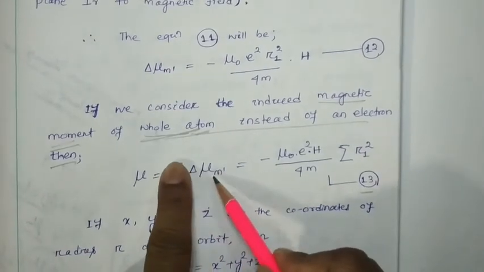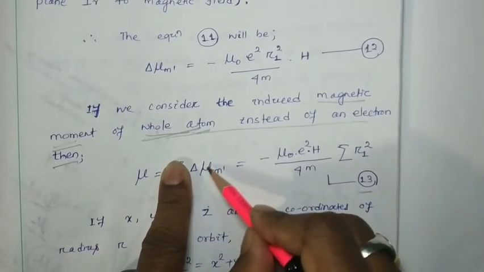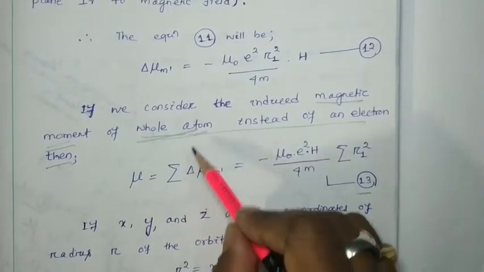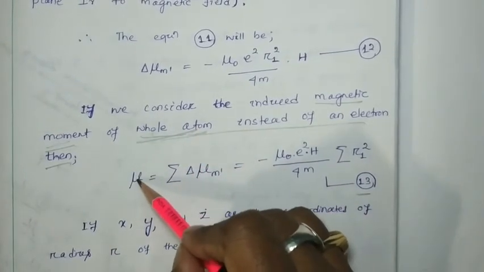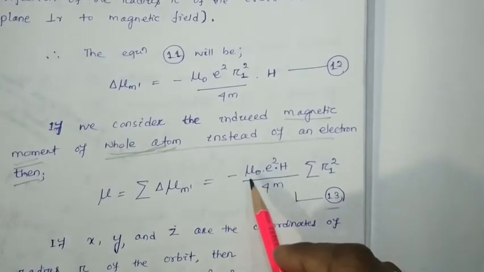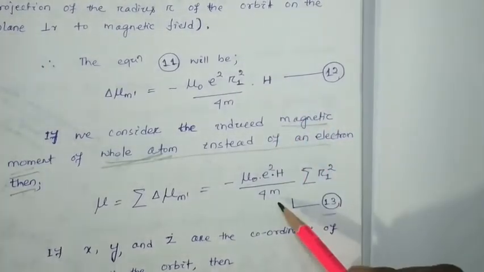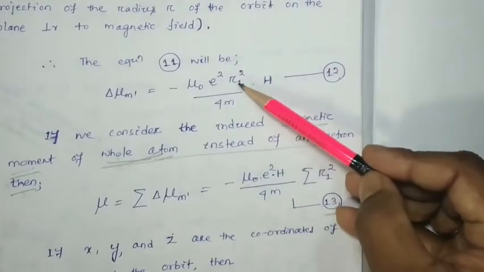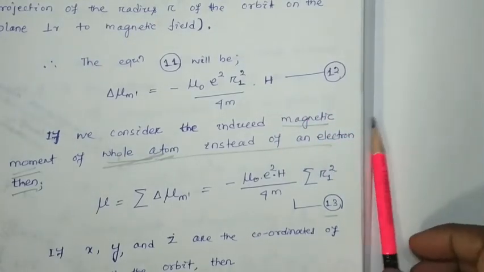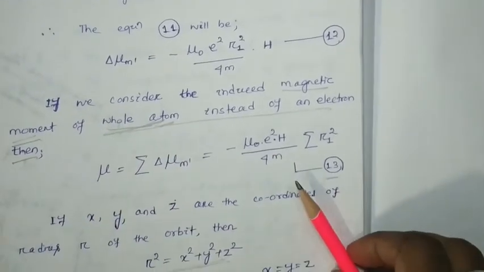Del mu m dash is for only one electron. Sum means all the electrons present in the atom. That means mu, the magnetic moment of the whole atom, will be equal to mu 0 e square H by 4m summation over r1 square. Let it be equation number 13.